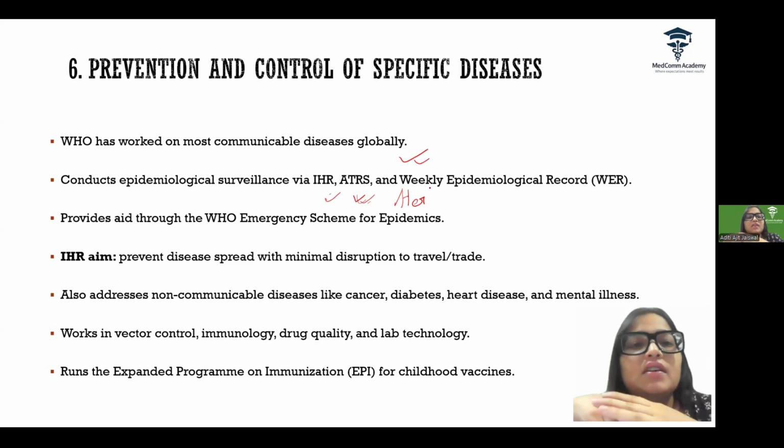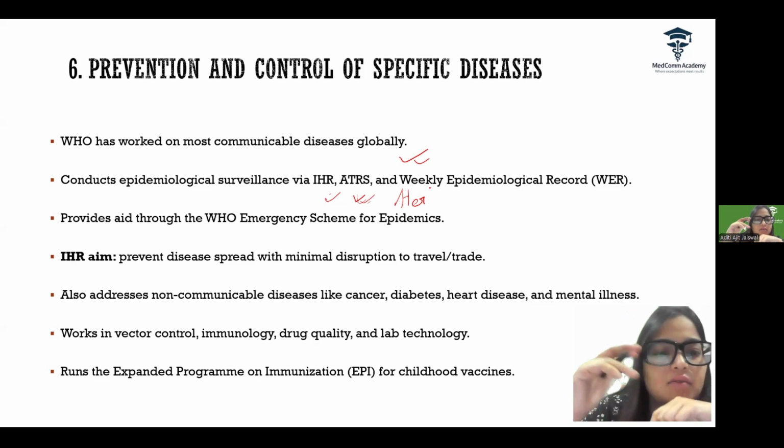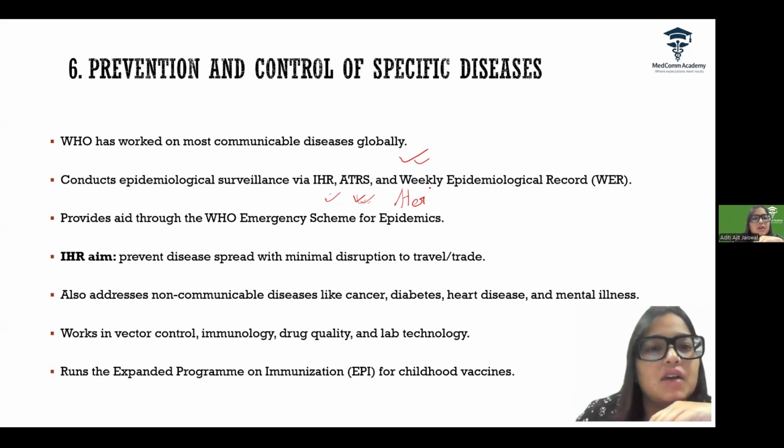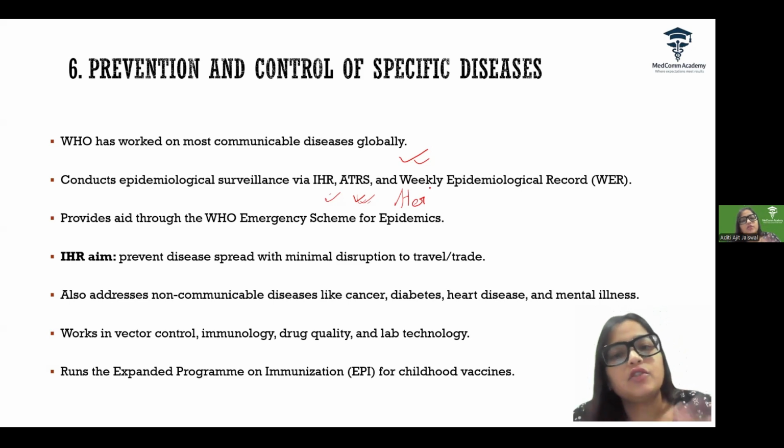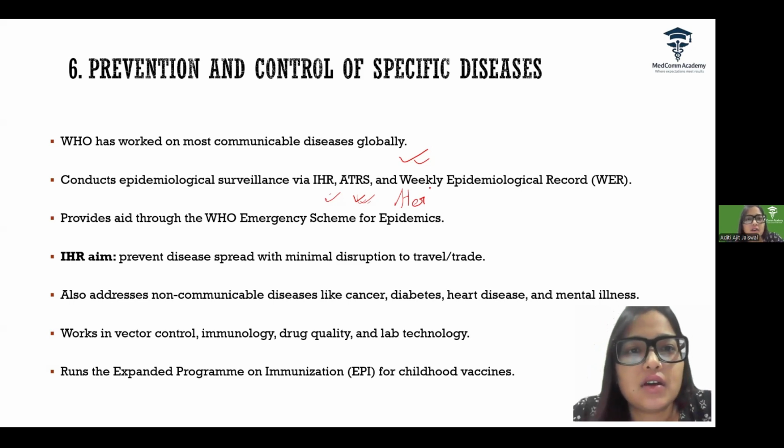Basically, WHO has a global mechanism for detecting, verifying, and responding to public health events and outbreaks. It collects information from various surveillance networks and ensures rapid assessment of any potential threats which might be in a country and might spread globally. So, any organization which works on outbreak response, global outbreak, any idea?